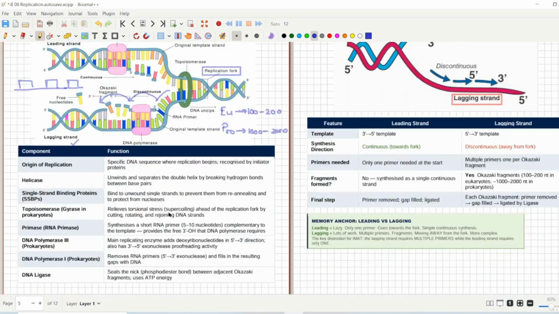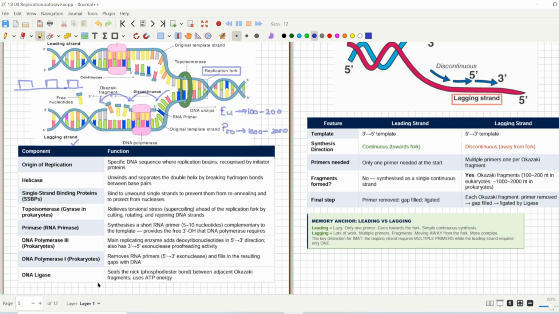The next thing is the conclusion of everything we have just discussed until now. You can take a screenshot. What is the region of replication, how does the DNA helicase enzyme actually work, what are single strand binding proteins, what is gyrase enzyme, what is primase enzyme, what is DNA polymerase 3, polymerase 1, and DNA ligase. We didn't discuss DNA ligase.